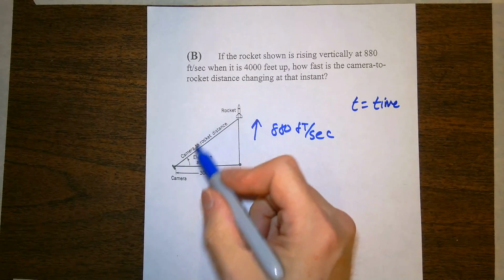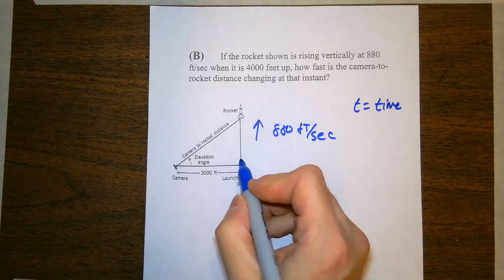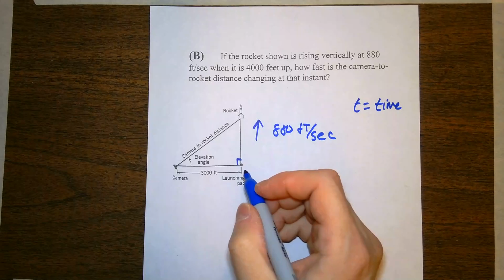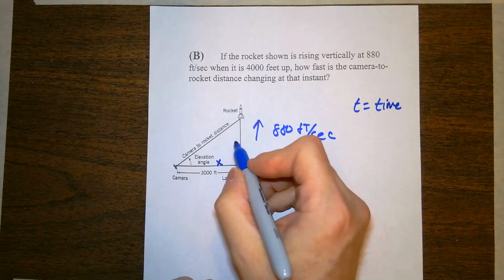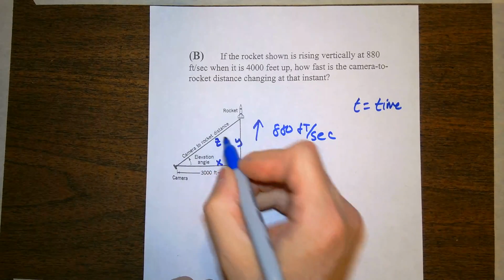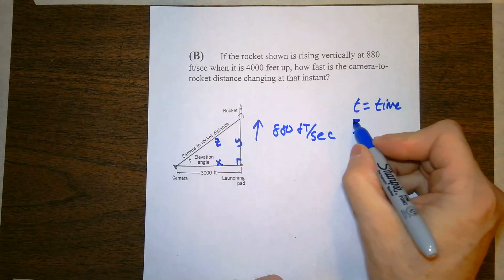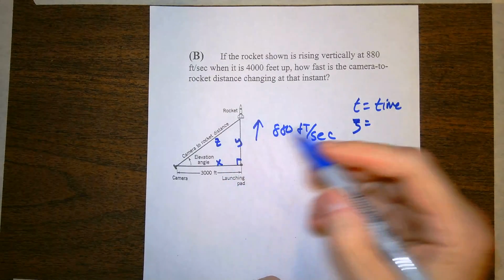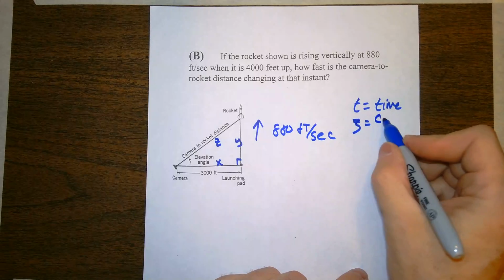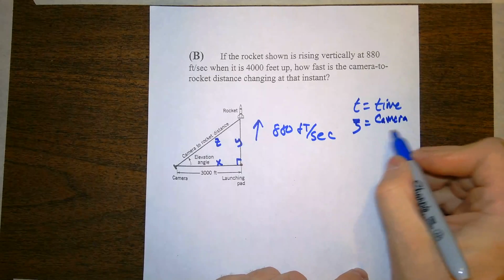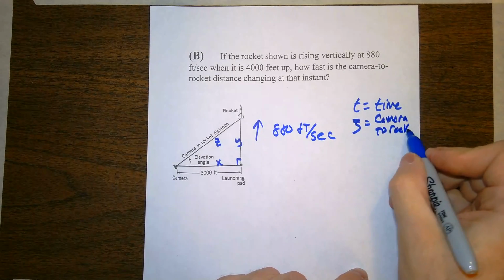We need something that relates these together. And as you can imagine, I'm going to have a nice little right triangle here. I'm going to use x, y, and z. And my z is going to be camera to rocket distance.